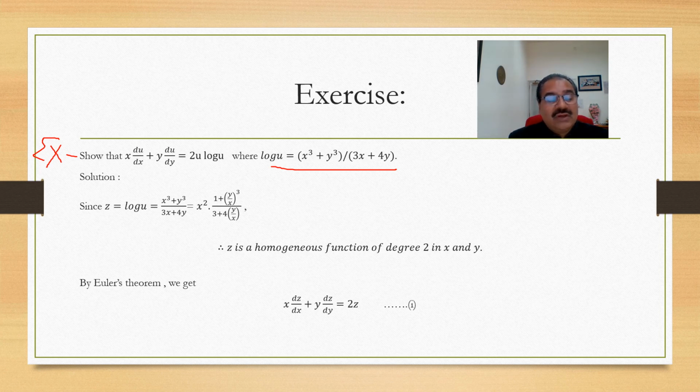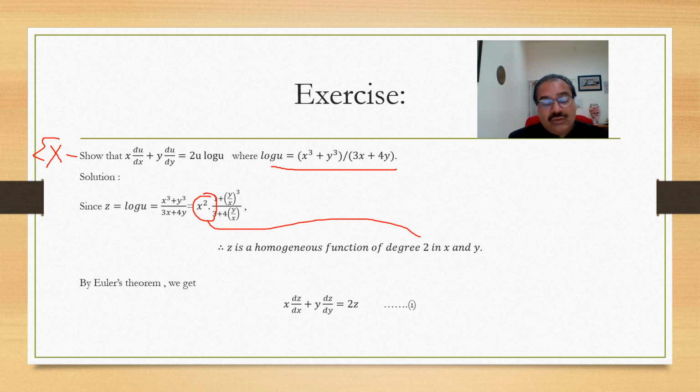You can simplify it by taking x cube outside and from the denominator x outside, here you will get x square, and on simplification you will get 1 plus y by x whole cube divided by 3 plus 4 into y by x. It means z is a homogeneous function of the degree. What degree is it here? It is 2. So of the degree 2 in x and y.